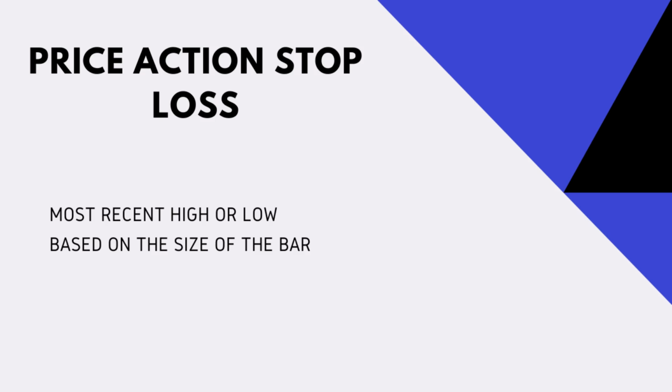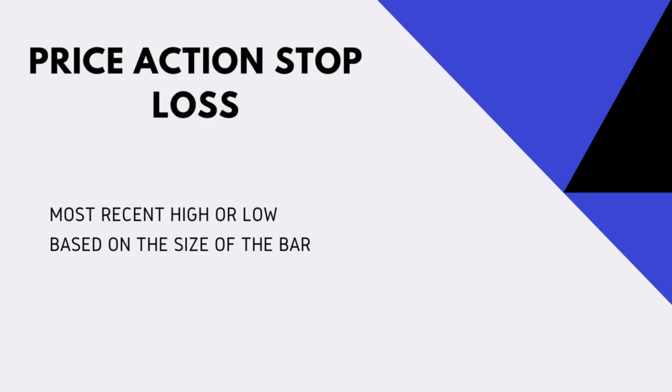Also within price action stop loss orders, there is an order based on the size of the bar, and the difference between this type of order and the one that I was talking about a minute ago is basically that you're taking the size of the bar, which is your entry bar. If, let's say, we're using this example of an uptrend and you're buying into the uptrend, you will be placing a stop loss order below the low of the bar which is your entry bar.